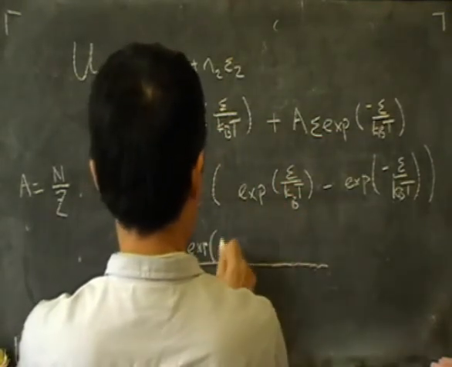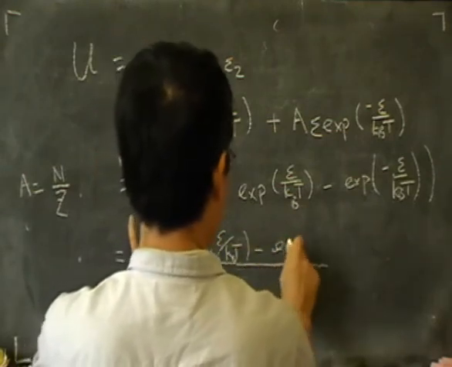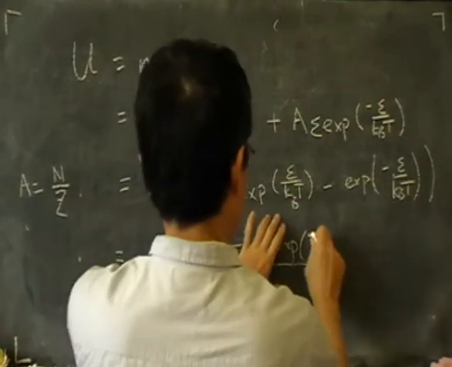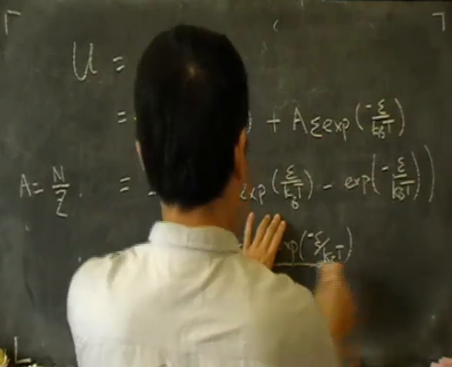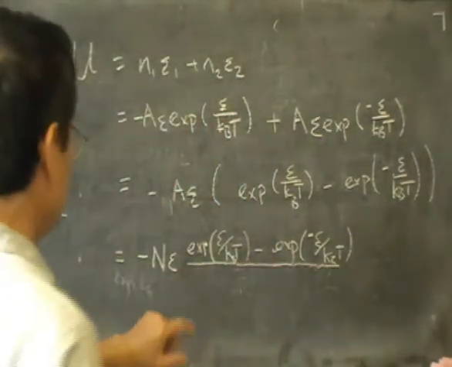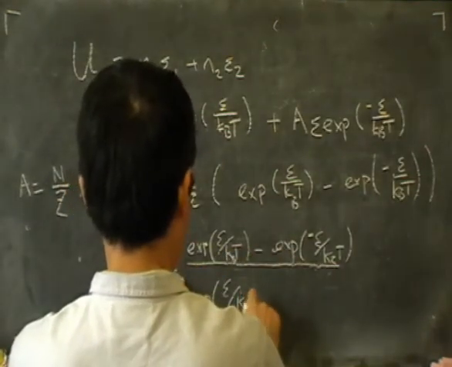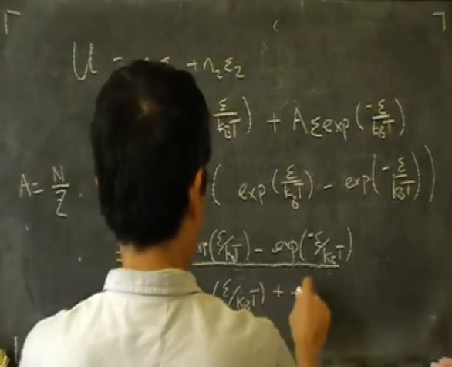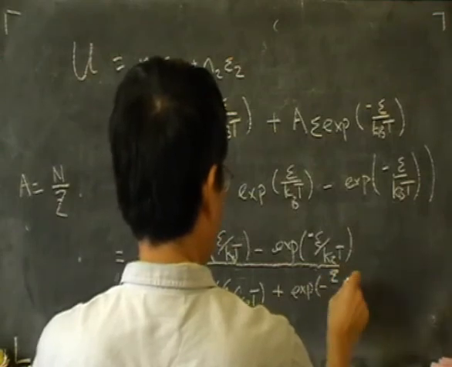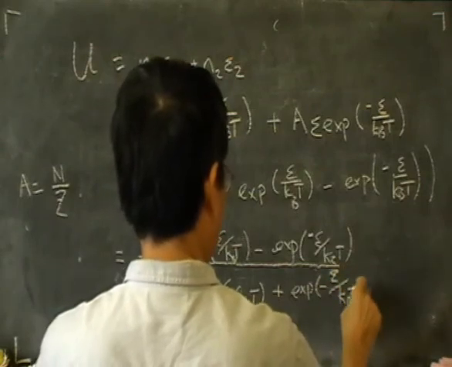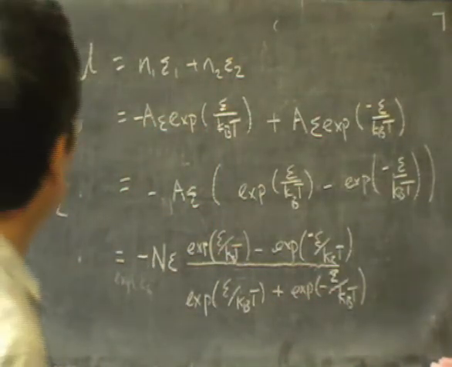Exp of that minus exp of that. And the partition function will be the sum of the Boltzmann factors. Alright, so we have this complicated expression here for U.